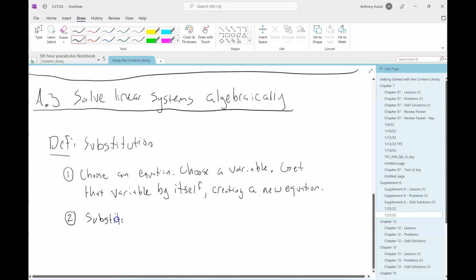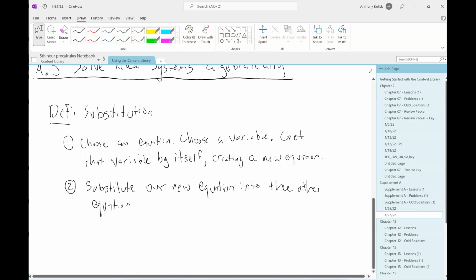So our next step, we're going to substitute our new equation into the other equation. By doing that, we're going to only have one variable type in that other equation after we do this substitution.